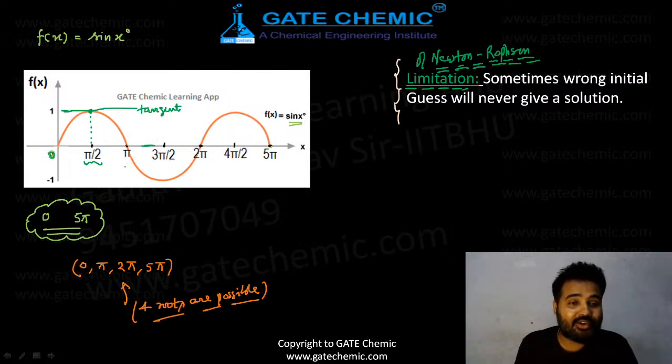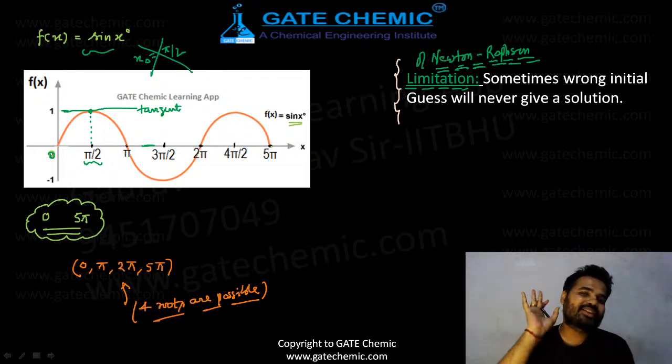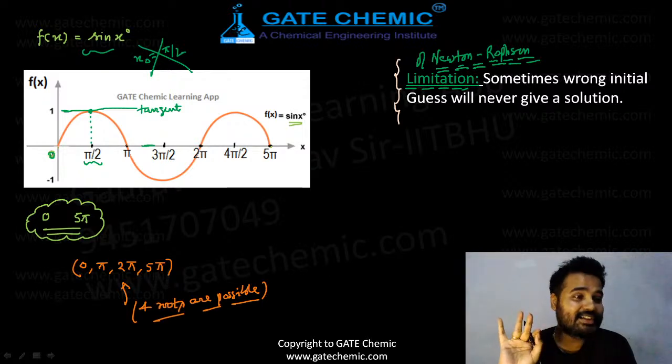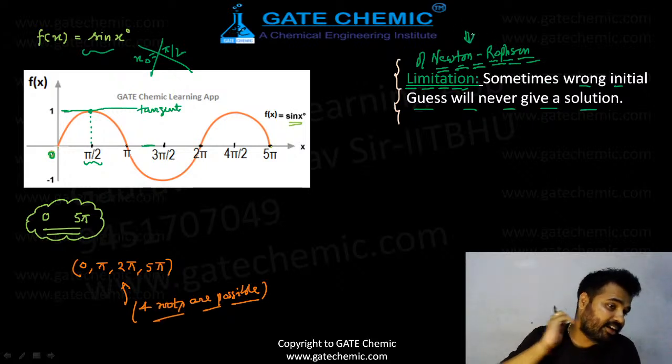That means if you are going to solve this equation and you are going to take initial approximation as pi by 2, then Newton-Raphson method will fail. Is it clear beta? Limitation is clear. वही यहाँ लिखा है हमने बेटा, sometimes a wrong initial guess will never give a solution by this method, Newton-Raphson method. Is it clear beta?